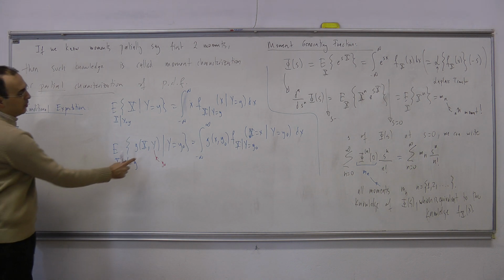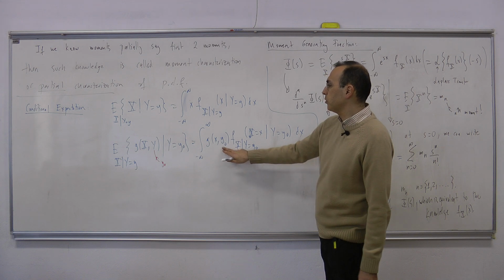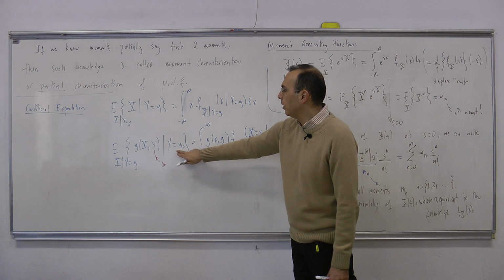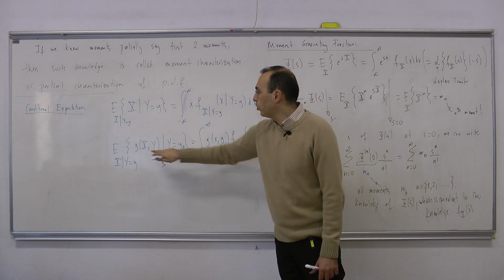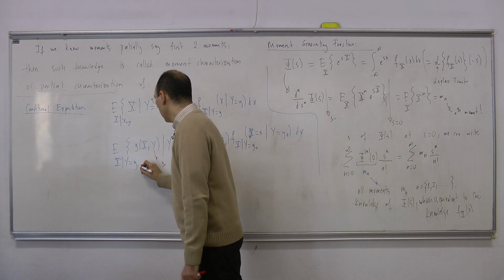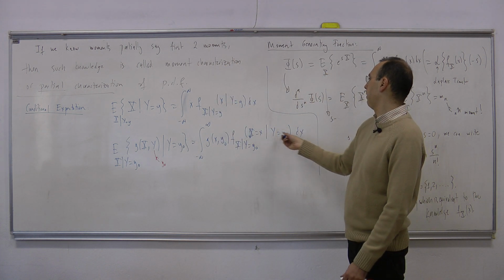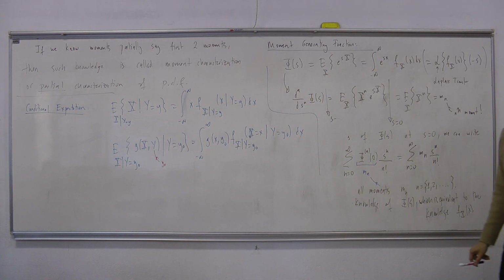So this is y naught. I have this fixed to y naught after this conditioning, so the random quantity is x. X is then averaged with the conditional density of x, which is this. That is it.